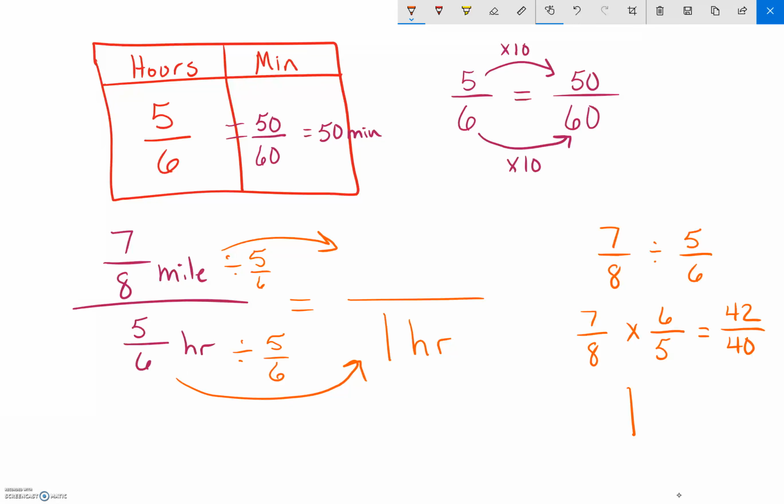There would be a remainder of 2/40ths. 2/40ths will simplify down by 2. And our simplified answer will be 1 and 1/20th. So this turtle goes 1 and 1/20th of a mile each hour. Pretty slow.